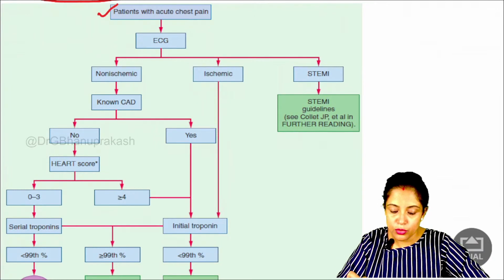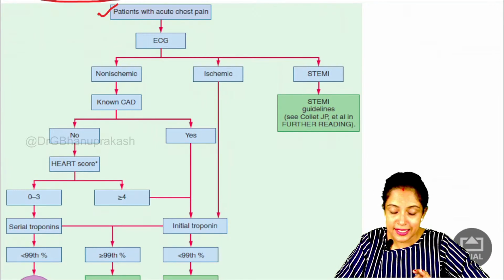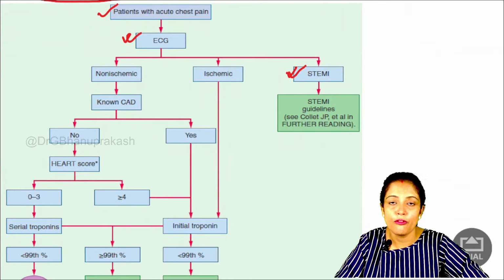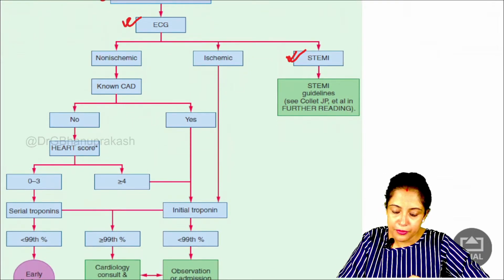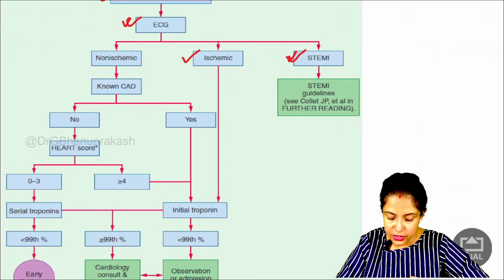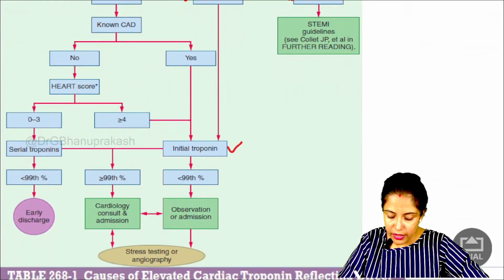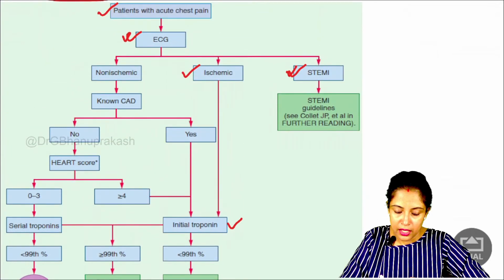For a patient with acute chest pain, you definitely do an ECG. If there is ST elevation in the ECG, you follow the protocol for management of STEMI. If there are ischemic features in the ECG, you do a troponin and then you observe or admit the patient.